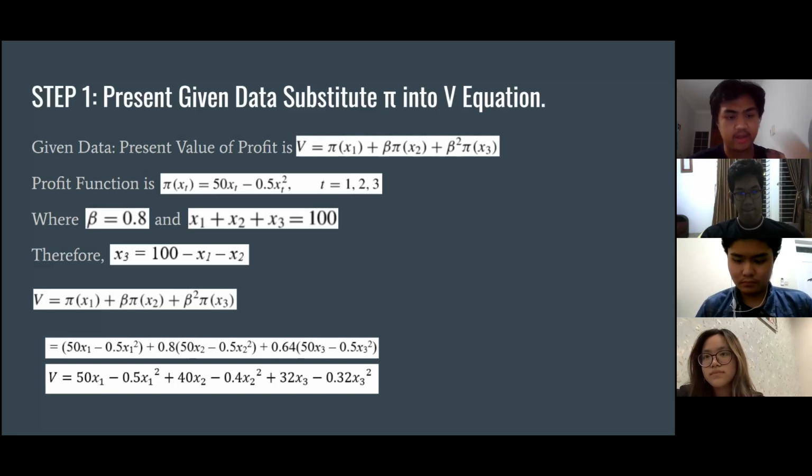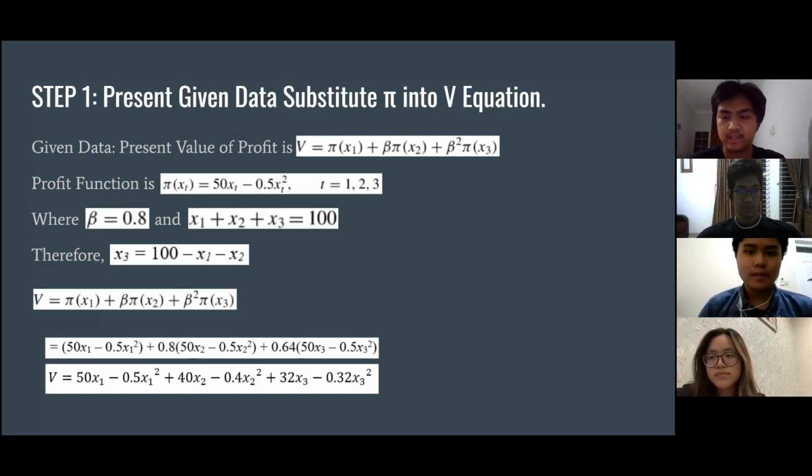If we simplify that, V equals 50x1 minus 0.5x1 squared plus 40x2 minus 0.4x2 squared plus 32x3 minus 0.32x3 squared. I'll then pass it to Sakti.